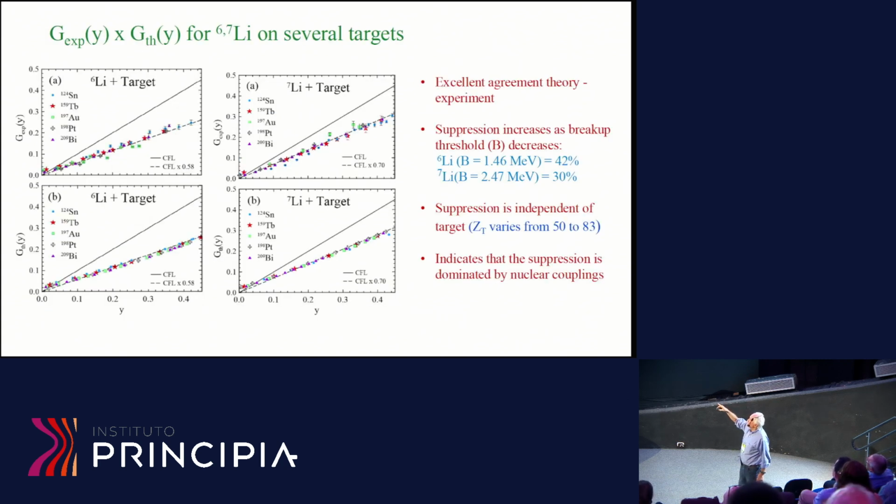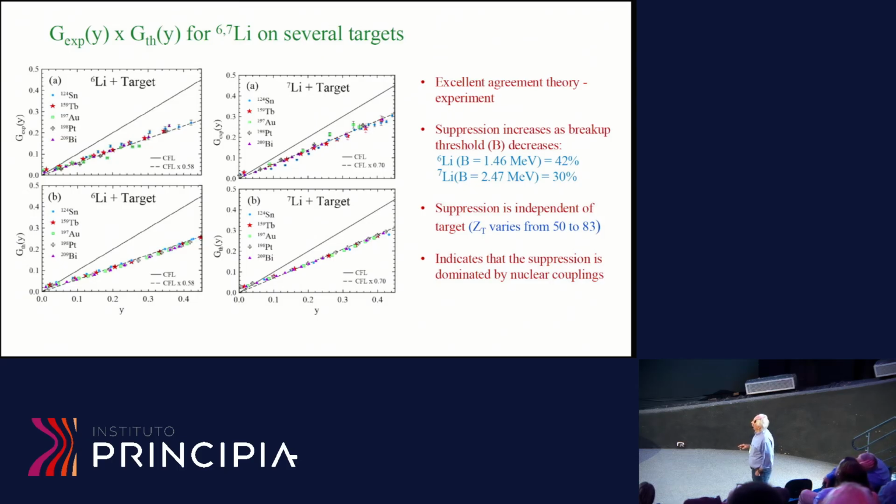And then one gets these results. At the left, we are showing results for lithium-6 on several targets. On top are experimental cross-sections, and below are the cross-sections calculated by our method.